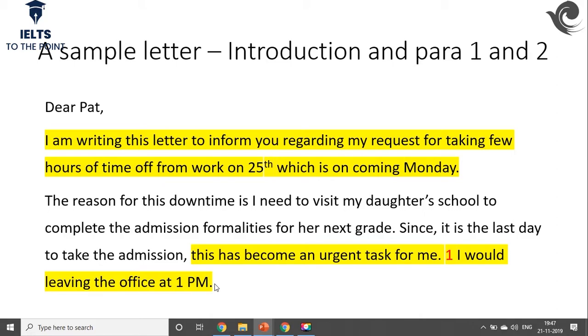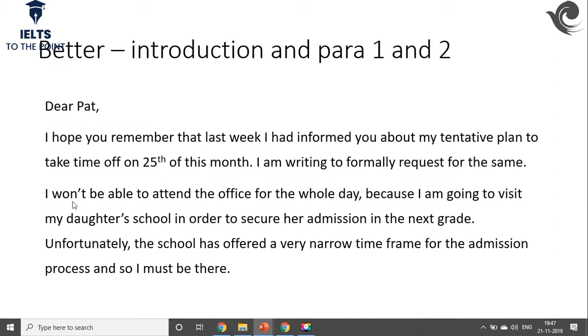If you just say that I would be leaving the office at 1 p.m., that's very awkward. It's very difficult for a person to judge if it is not clearly given whether you are taking leave or what's the matter.